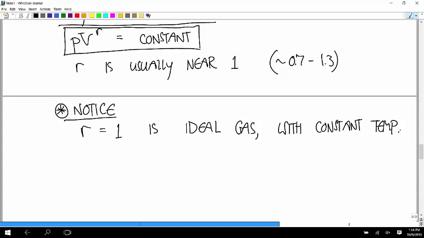Because, you know, the ideal gas law says PV to the first is equal to nRT. And if you're keeping the same number of molecules in there, same mass of material, keep the temperature constant, this side would be a constant.